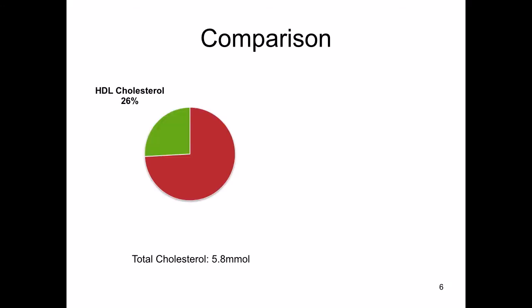If we just compare the two examples together, if you cast your mind back, the first example showed a patient with a total cholesterol of 5.8 millimoles. When we looked at the proportion of how much of this was HDL, we found that there was 25+% of HDL.